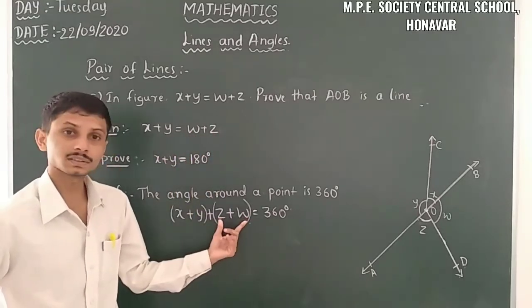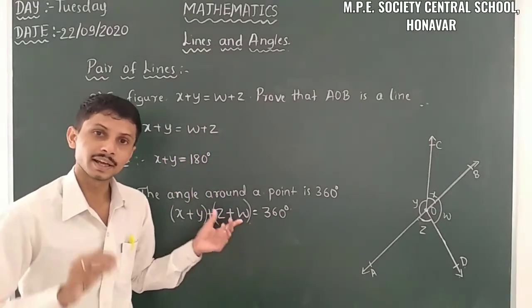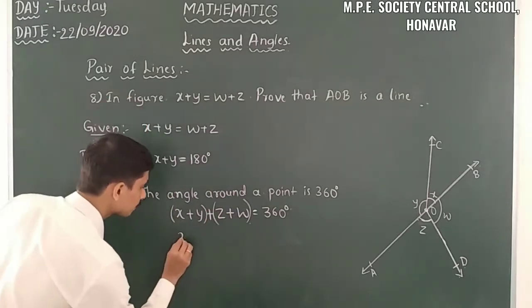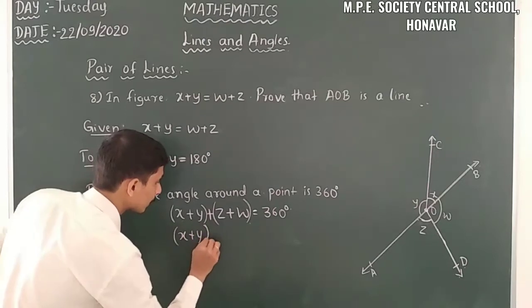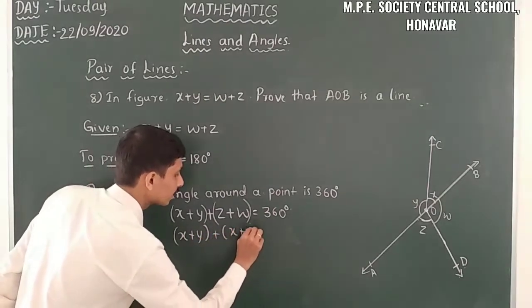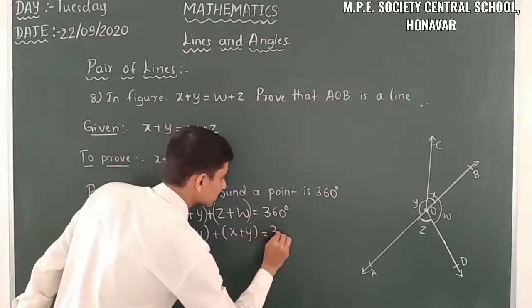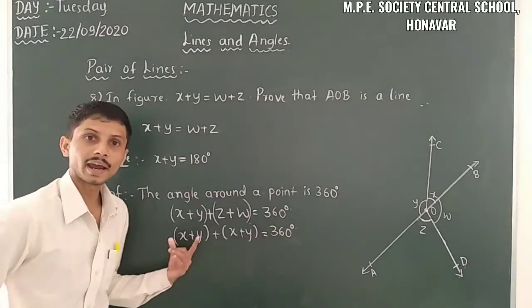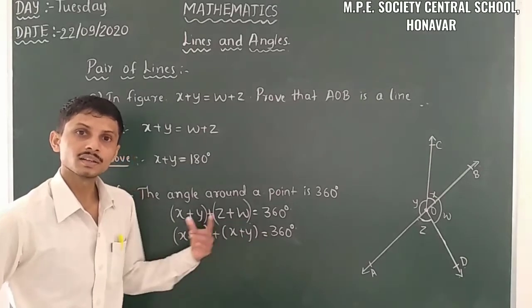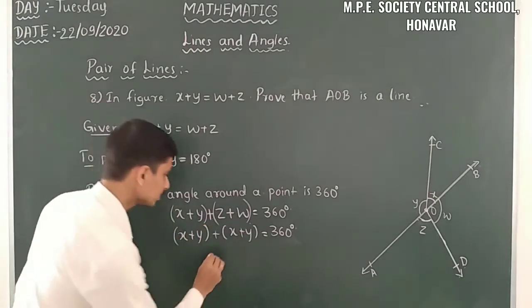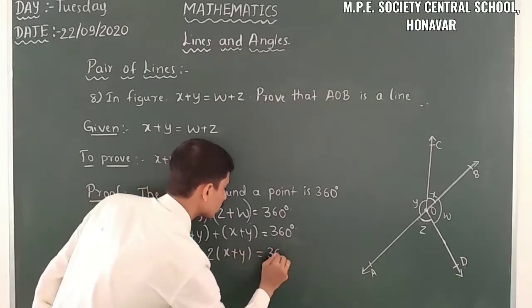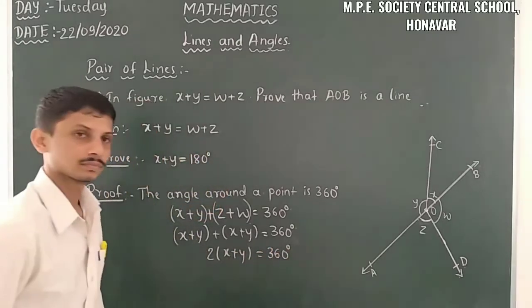In place of w plus z, we can insert x plus y. It is x plus y plus x plus y is equal to 360 degrees. Here x plus y is added two times, so we can take 2 into x plus y is equal to 360 degrees.